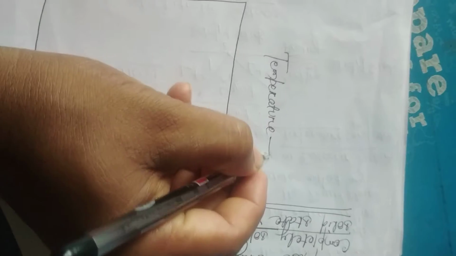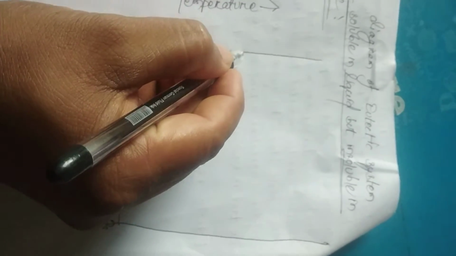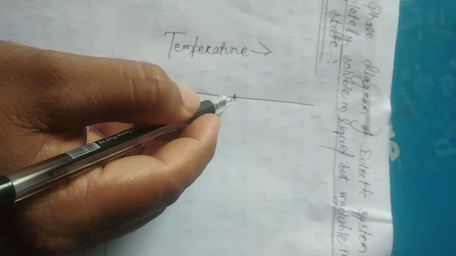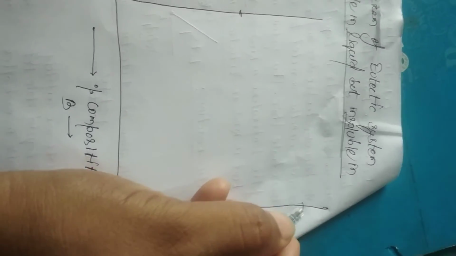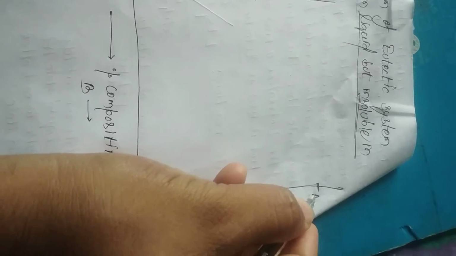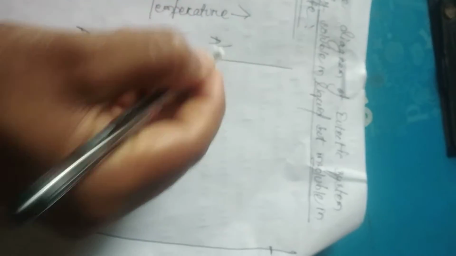I told you. So let's take, this is the melting temperature of the point A, and suppose this is the melting temperature of the point B. So we can give it B dash, we can give it A dash.